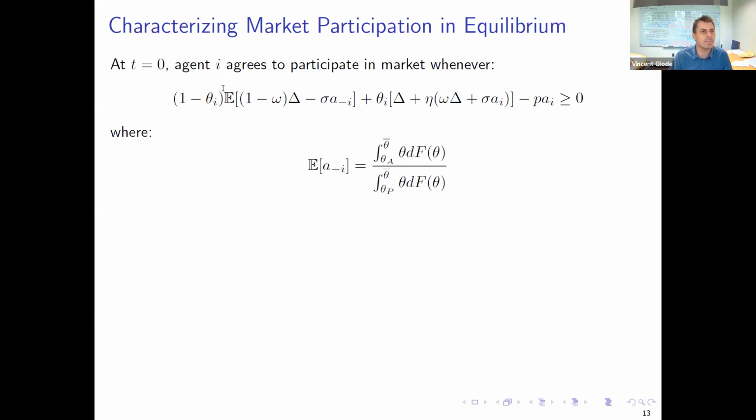So I need to take the expectation of my counterparties' strategies or decisions with regard to acquiring or not the trading advantage. So we can solve for the expected acquisition of trading advantage by my counterparties, just using the cutoffs that I showed you earlier.